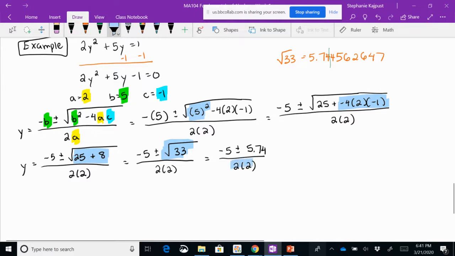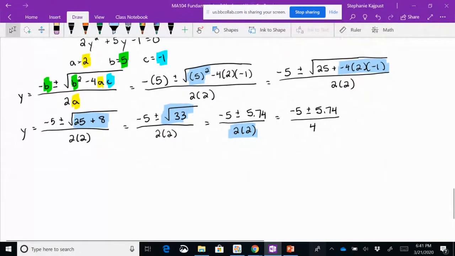So the next step is to do the multiplication there, the 2 times 2. So this will be -5 plus or minus 5.74 over 4. And now we get into the 2 separate equations because now we want to do the plus or minus part.